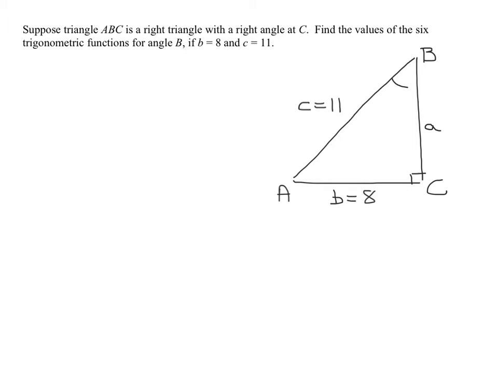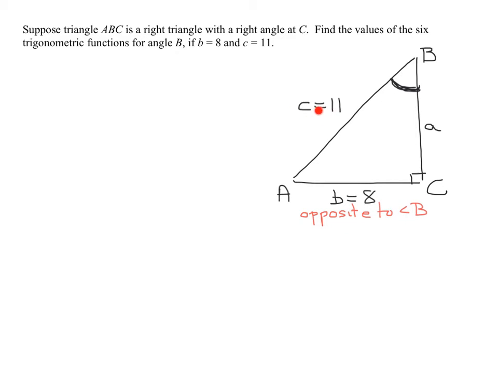And we're asked to find the trig functions for angle B. So before I do that, I want to look at the sides a, b, and c and find their relationship to my angle B. So side b is opposite angle B.